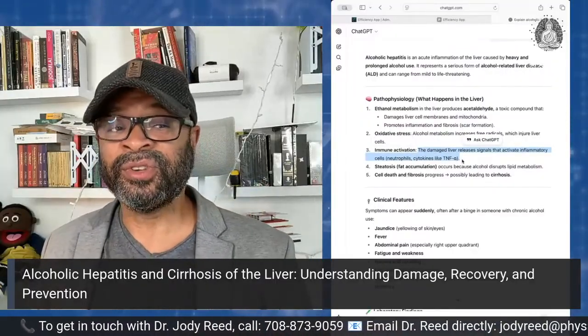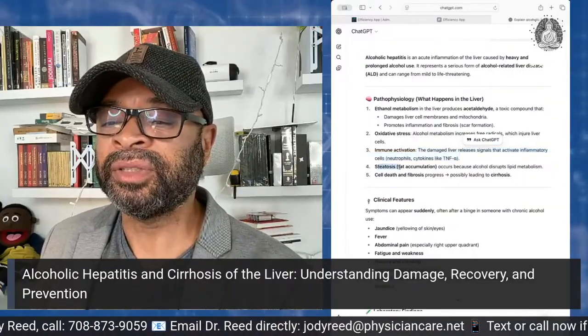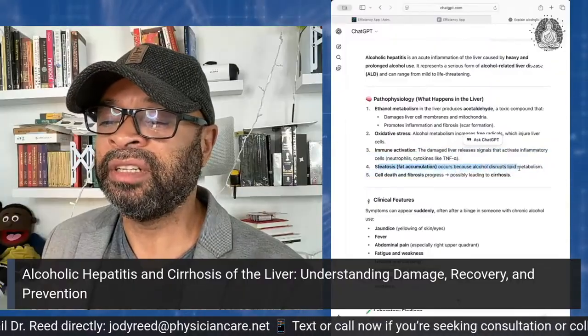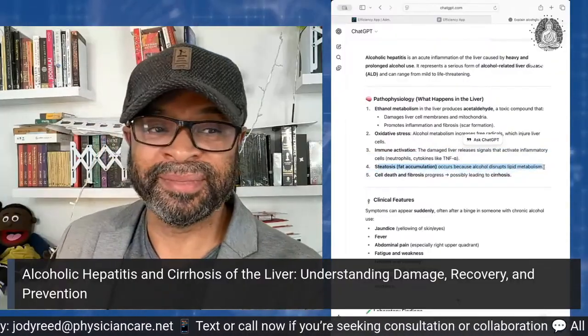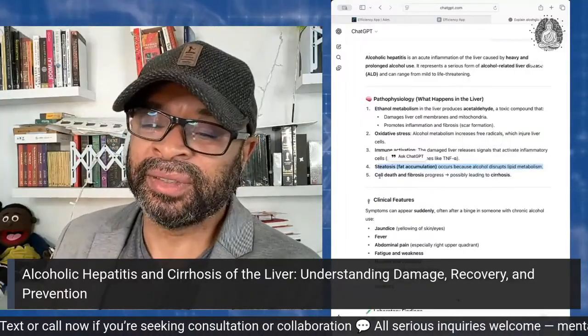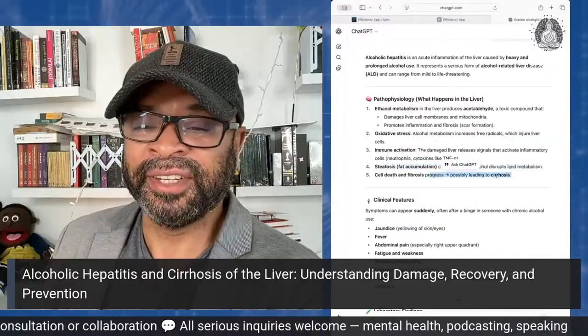So now you have all the stress. Steatosis, fat accumulation, because alcohol disrupts lipid metabolism. Then you have cell death and fibrosis that progress, possibly leading to cirrhosis of the liver. You see that mechanism?